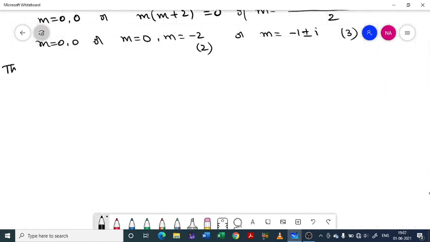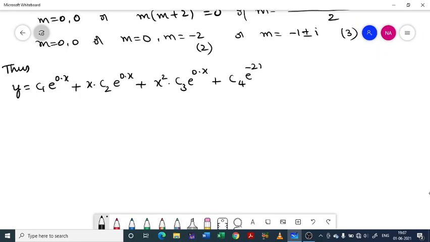Thus y equal to, first root is 0, c1 e power 0 into x, plus again you have 0, repetition, x into c2 e power 0 into x, plus again you have 0, x square into c3 e power 0 into x. Next you have minus 2, it is not repetitive, so c4 e power minus 2x, plus minus 1 plus or minus i, real part is minus 1, so e power minus x into cos x.